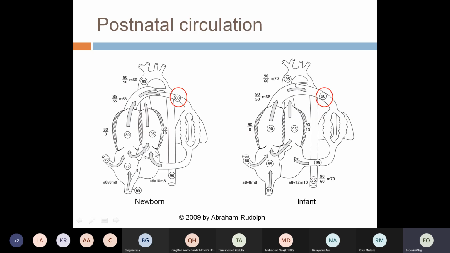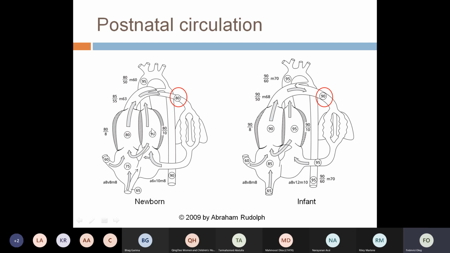So just after birth, circulation changes dramatically for the child. We've got a newborn with fully expanded lungs and 100% circulation through them.